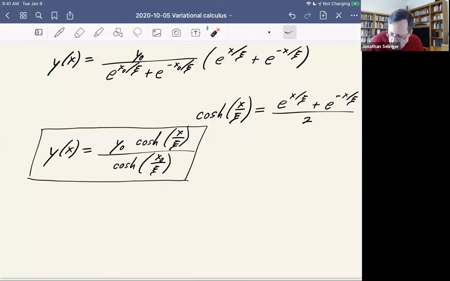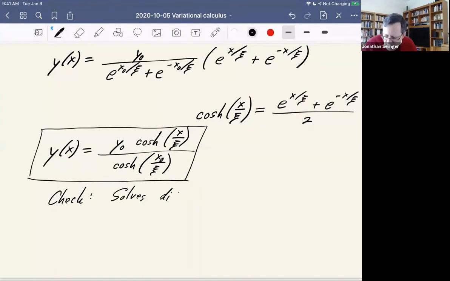Okay, so what can we make of this, right? Well, there are a few things to do when you get this solution to a problem like this. So one thing that is always good is to check that it solves the differential equation.